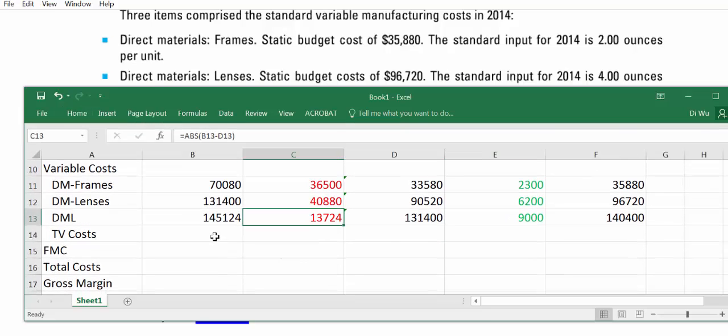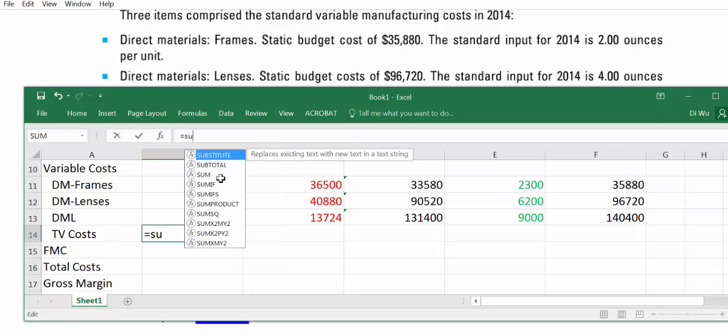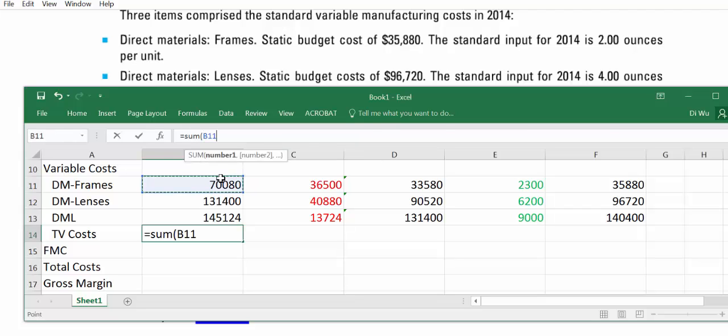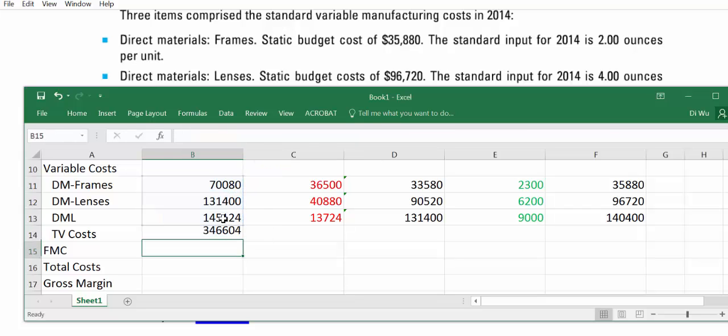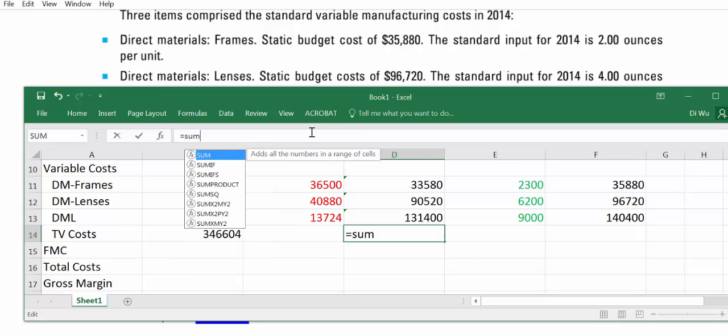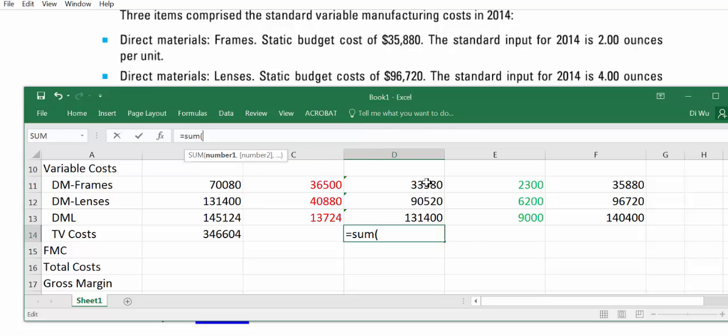Perfect. So now let's come to the total variable cost. What I'm going to do is add all these numbers. I get 346,604, and here I'm going to have... sorry, I think I did something wrong.